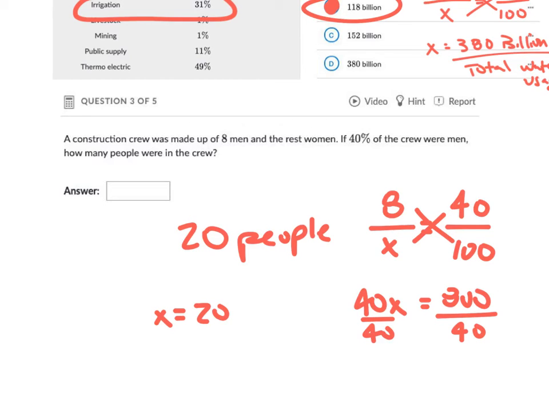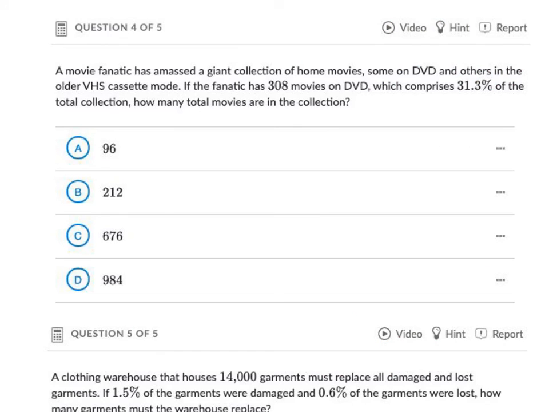Okay. Try number 4. The answer is D. Movie Fanatic has amassed a giant collection of home movies, some on DVD and the others on older VHS cassette mode.